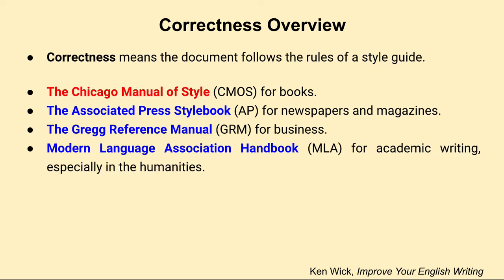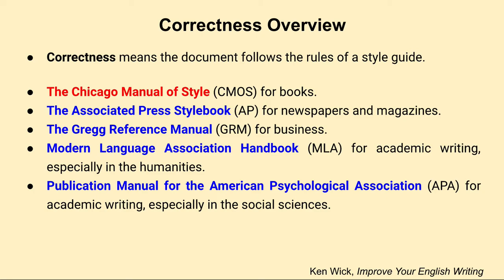Then you have the Modern Language Association Handbook, mainly referred to as the MLA, which is used for academic writing, mainly in the humanities. And then you have the Publication Manual of the American Psychological Association, the APA, which is also used for academic writing, mainly in the social sciences. These are the primary rule books, or style guides, and the most popular of these is the Chicago Manual of Style.